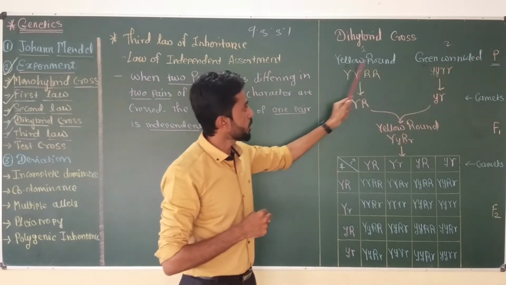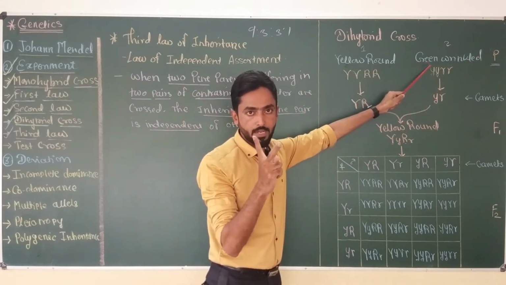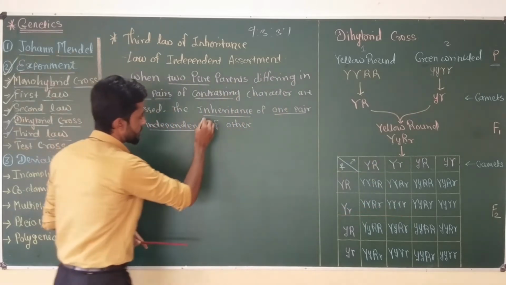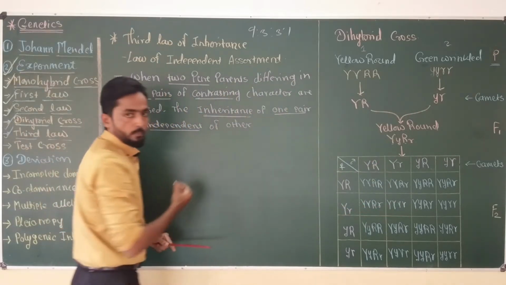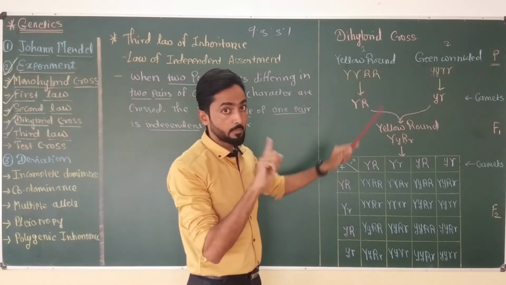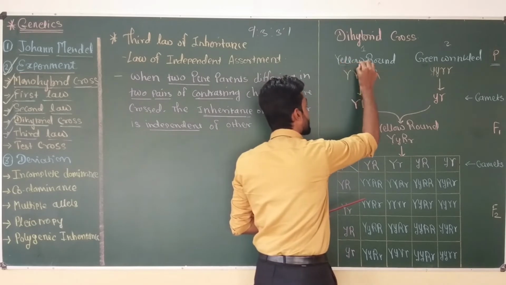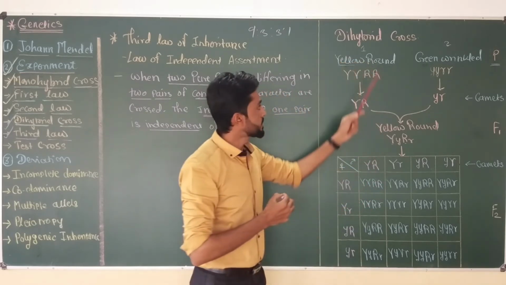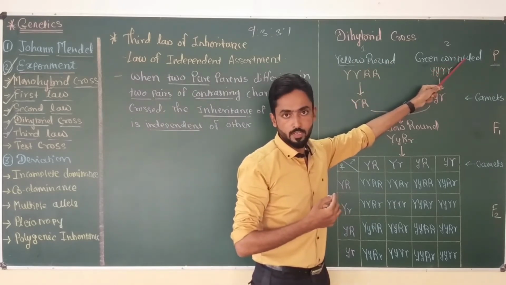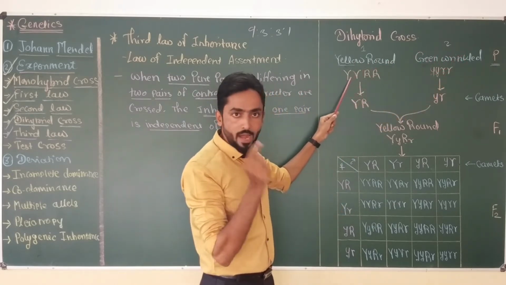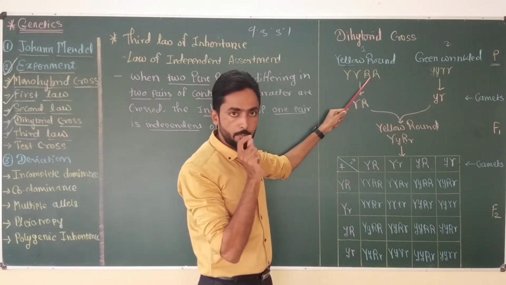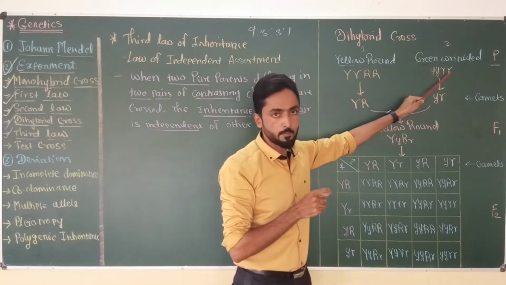Now, if we cross these two parents, then in F2 generation, the inheritance of these two pairs is independent of one another. That means this yellow color can go with round as well as yellow color can pair with wrinkle. That means this capital Y allele can go with capital R or small r type of allele.